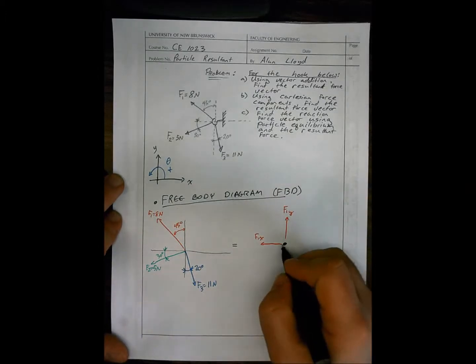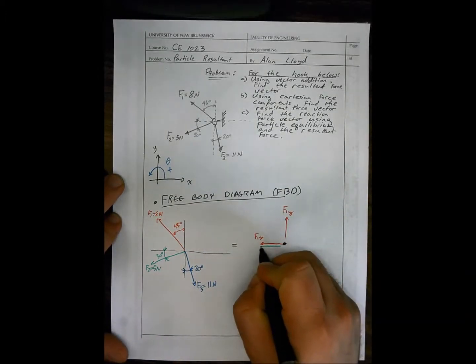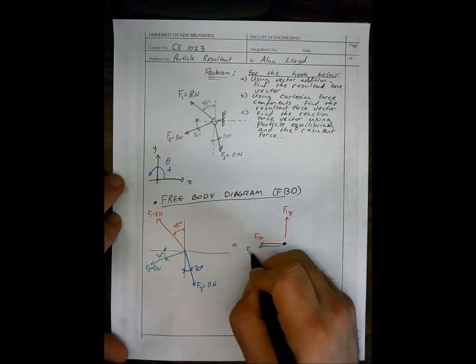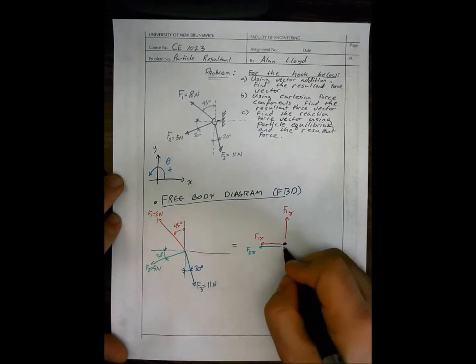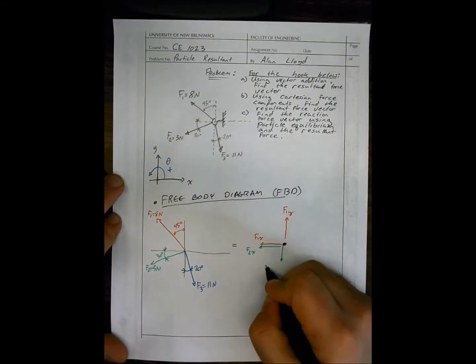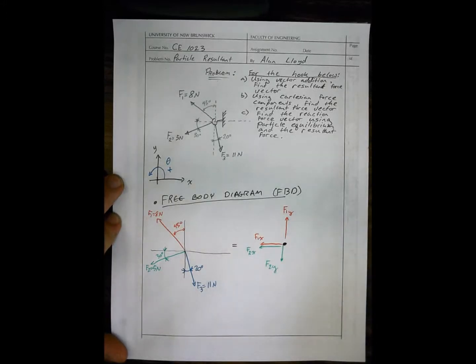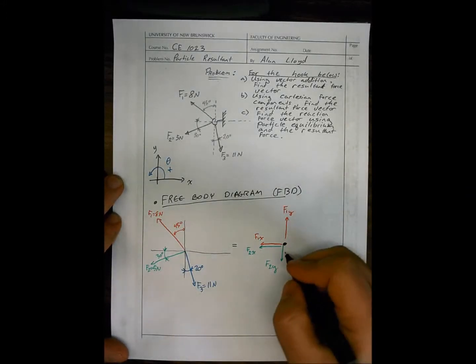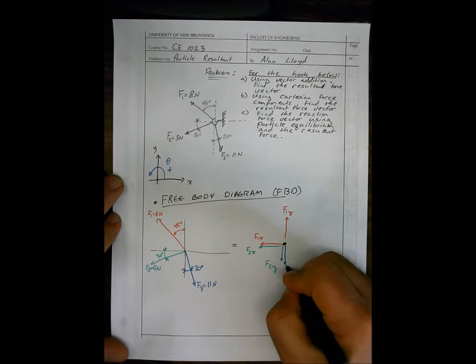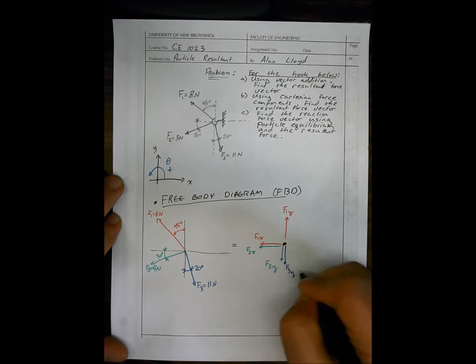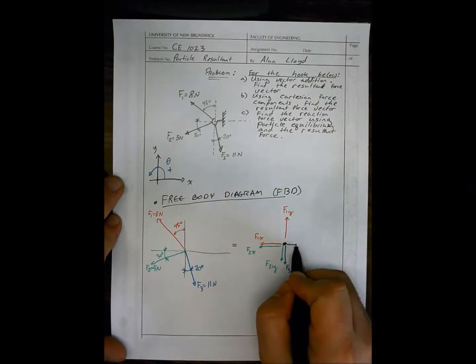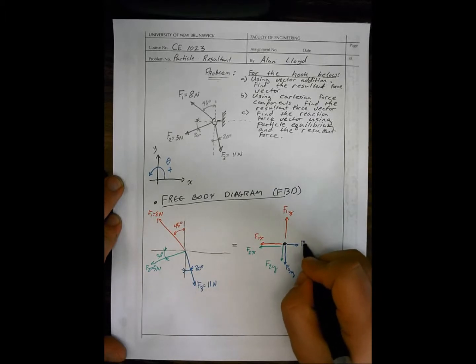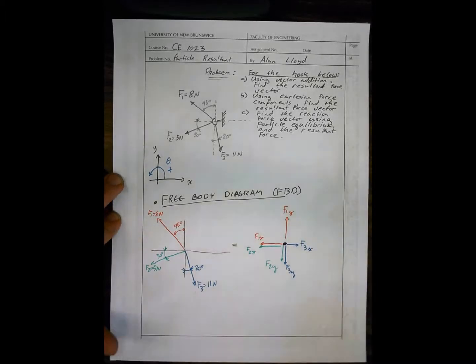If we look at force 2, we have an x component acting to the left, F2x, and we have a y component acting down, F2y. And then force 3 has a y component acting down, F3y, and this time it has an x component acting to the right, F3x.